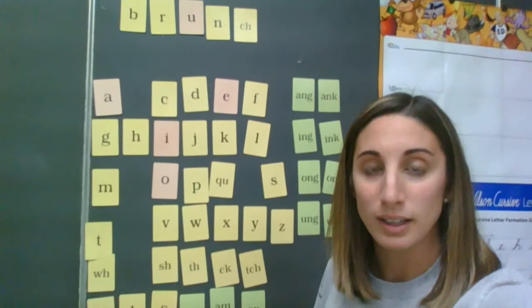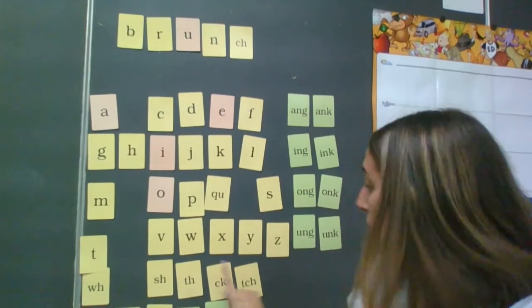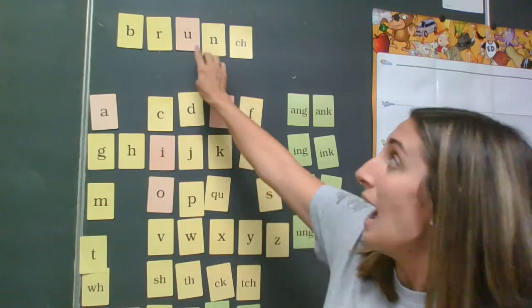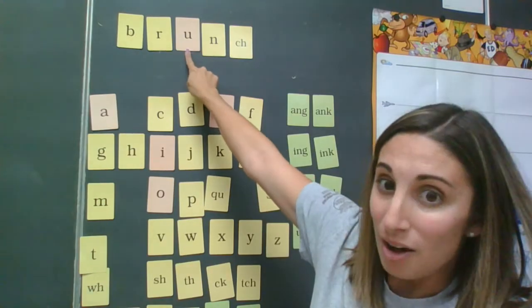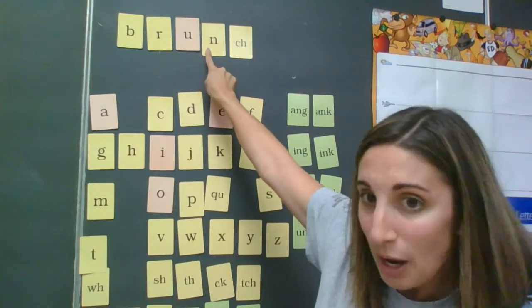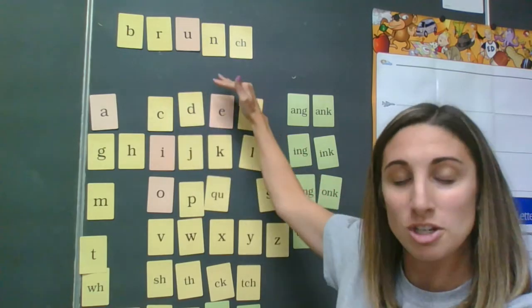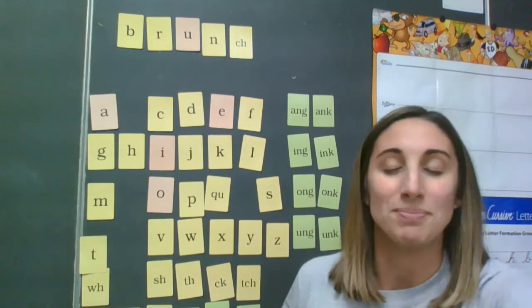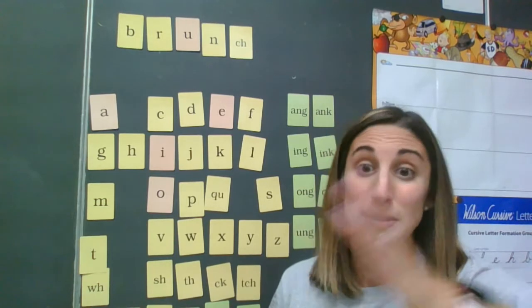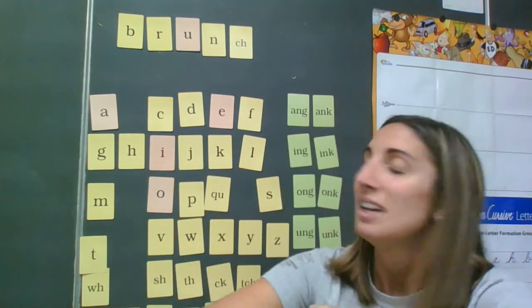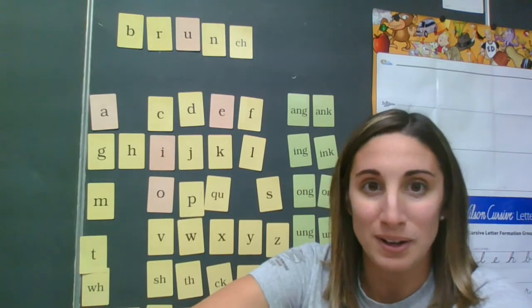What was the rule we talked about? You only use tch if it comes right after a short vowel. Well, is this a short vowel? No. So then you use the digraph ch for brunch. Remember, brunch is a meal that you would have maybe between breakfast and lunch. Right.